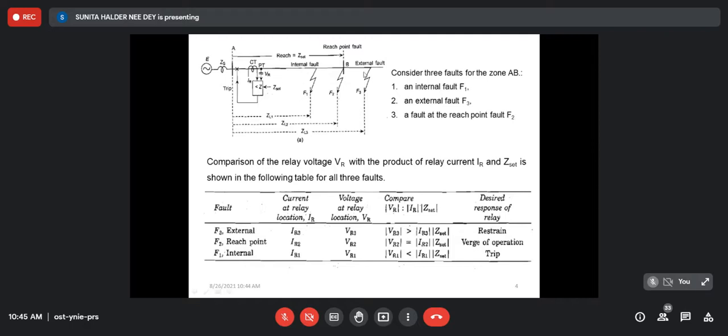Because if it is overreached, then it will unnecessarily disturb the other lines. So always it is made to some extent underreached, maybe 5%, maybe 10%, but never overreached. I have just told you this now so that you will understand easily. We shall discuss this when we coordinate the distance relays.